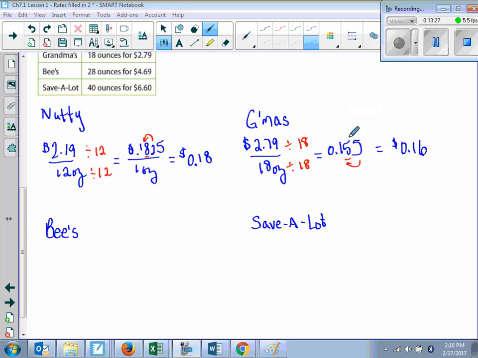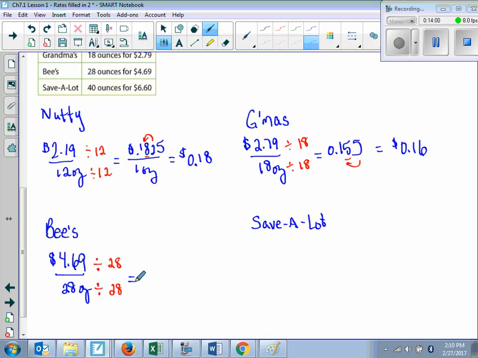So now we're going to look at B's peanut butter. So that is $4.69 for 28 ounces. To change this to a unit rate, we will divide the numerator and the denominator by what? Very good. By 28. Good.